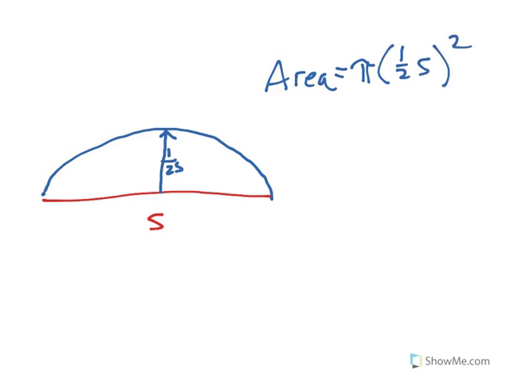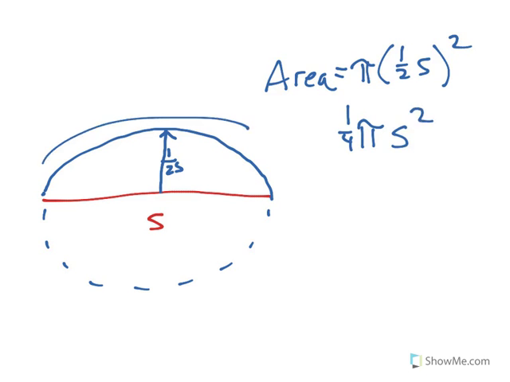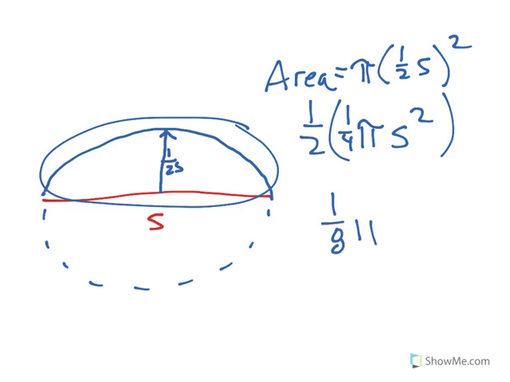So the area of the whole circle would be pi, you have to square each part, 1/4 pi s squared. But because there's only half the circle, I have to multiply it by half again. And I get 1/8 pi, the integral of s squared dx.